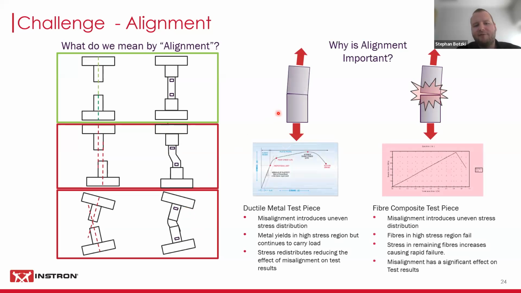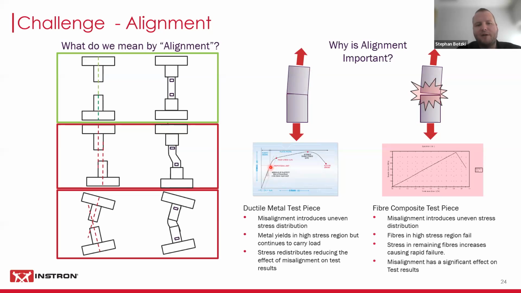So why is this even important? If you think of a normal metals test, and you pull it at an angle, you're going to have a misalignment, right? So there's an uneven stress distribution, and the metal will yield at this site where you're at a high stress region, and it's going to start yielding.